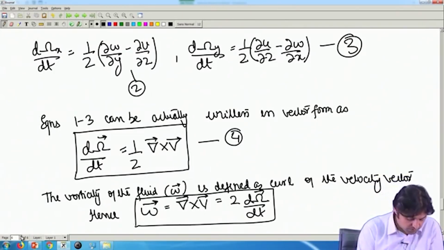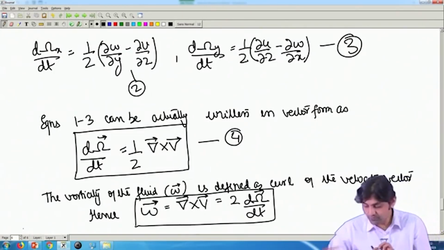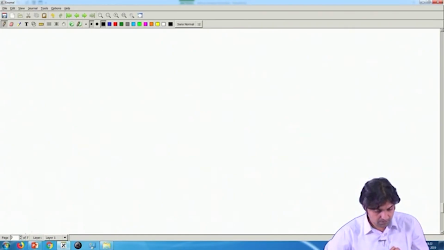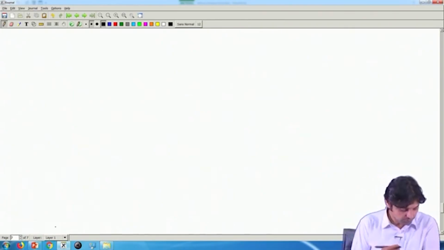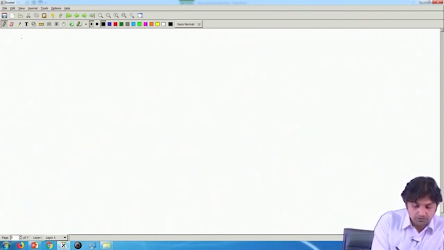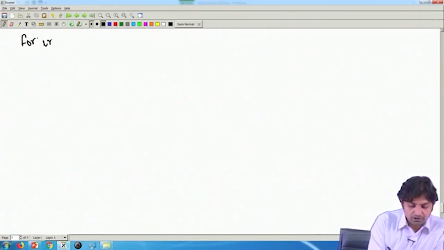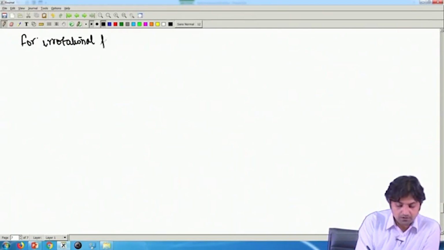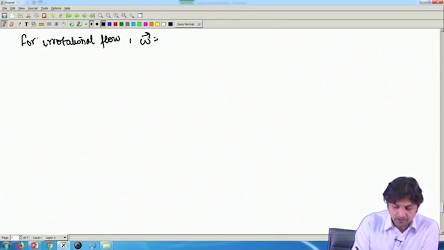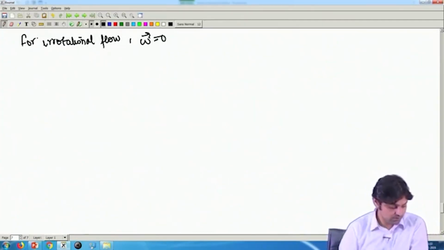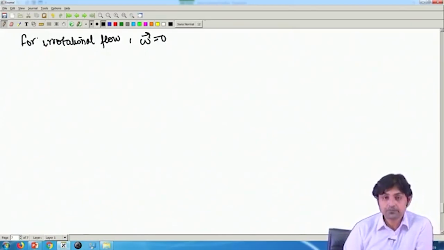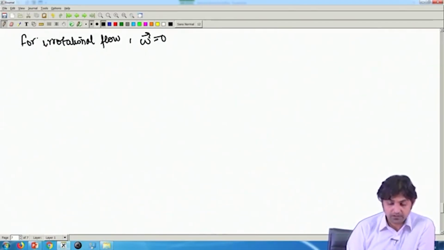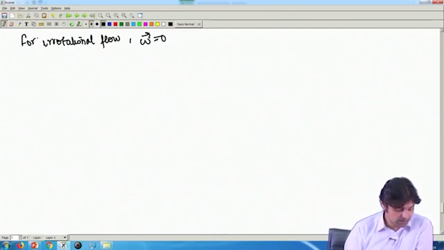So, we will go to the next page to continue. You know already that for irrotational flow omega is actually 0, because the vorticity vector should be 0.